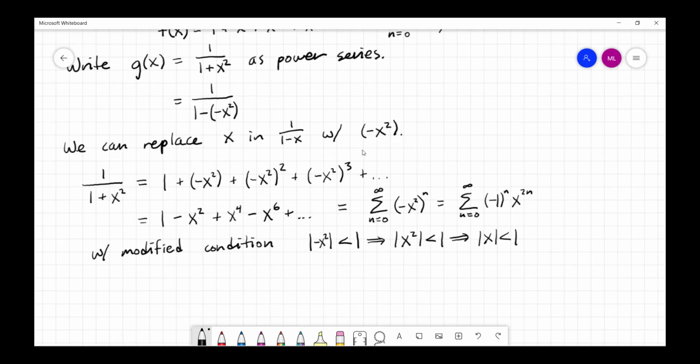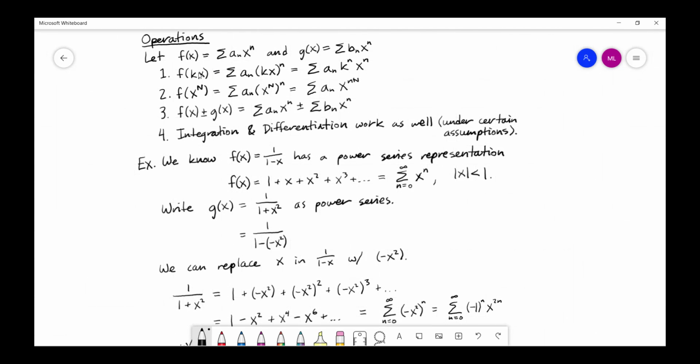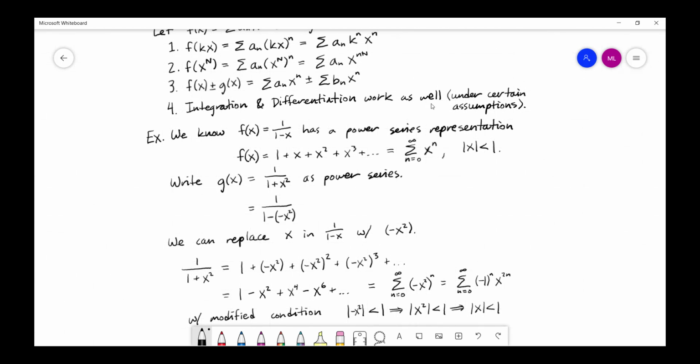So that is the idea. This is going to be a common thing that we can do. Take a known power series and its representation and wholesale swap out the argument x with some new term. And if we do that uniformly across everything, we can change the form of the function, again, using a combination of these operations up here. Similarly, we can do the same thing with integration and differentiation. If I know what a function looks like and its power series representation, then I can figure out a new function, the derivative f prime of x.